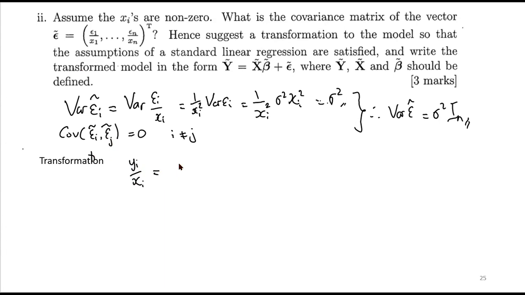Right, now what is my intercept, guys? Is it beta 0? It's beta 1. What is the slope this time? It's beta 0.